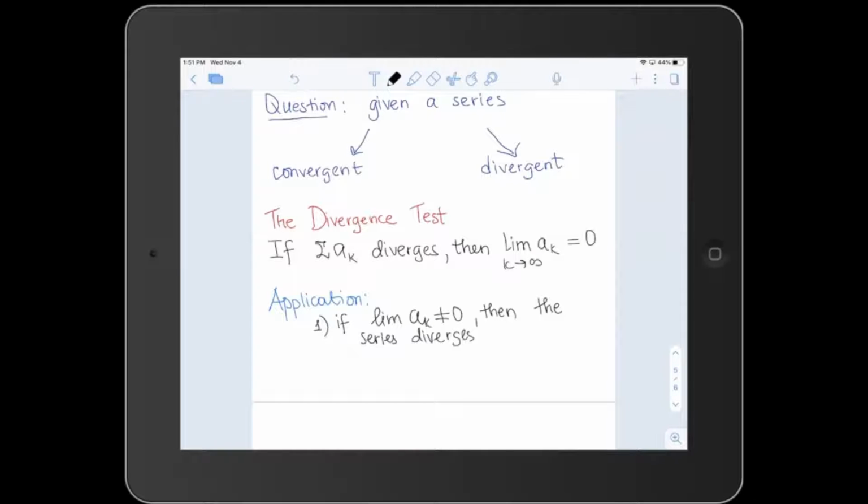So, what does it mean if the limit is 0? If the limit of a_k is equal to 0, then the test is inconclusive.